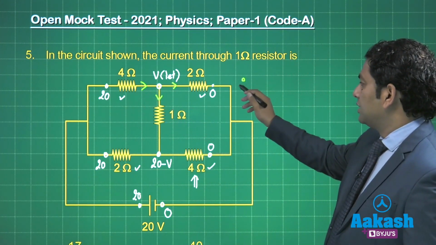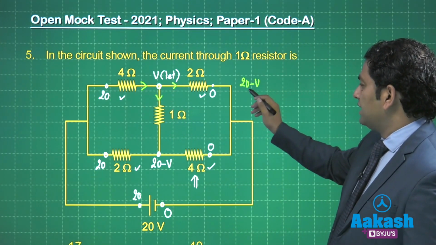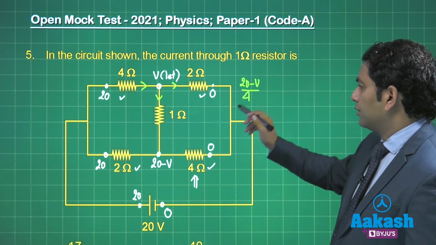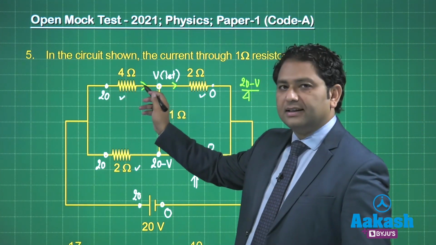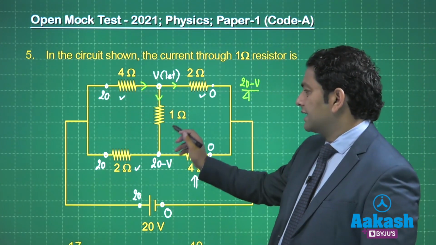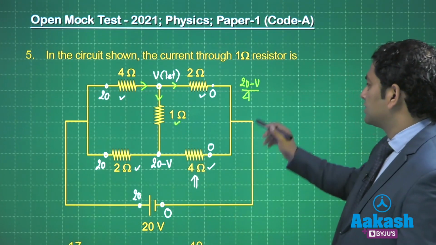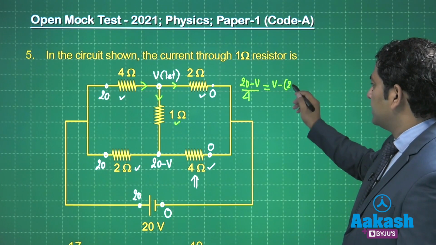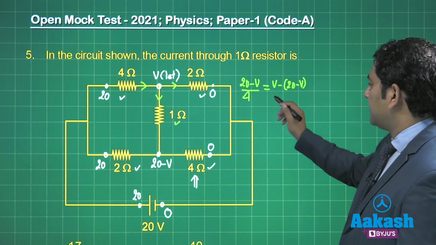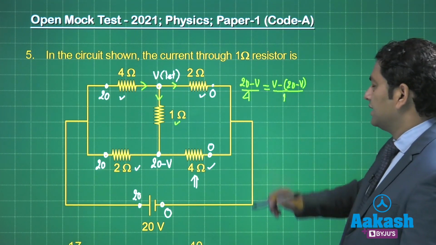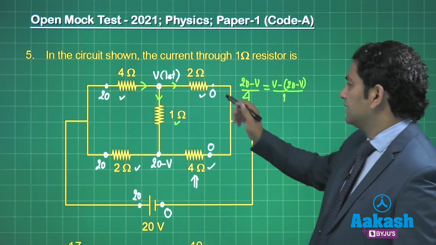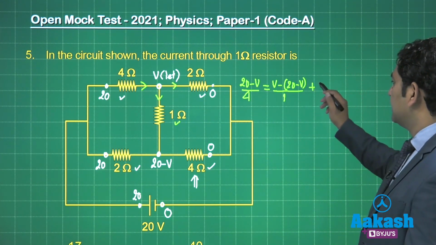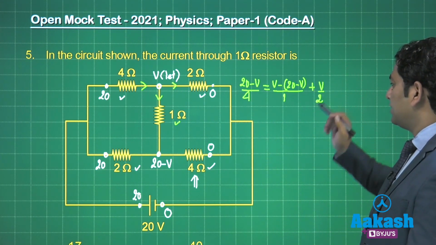That's going to be (20 minus V) divided by 4, is the current here, and the outgoing is the current through this 1 ohm. So that is going to be (V minus (20 minus V)) divided by the resistance, which is 1, and this current, so that is going to be plus (V minus 0) divided by 2.